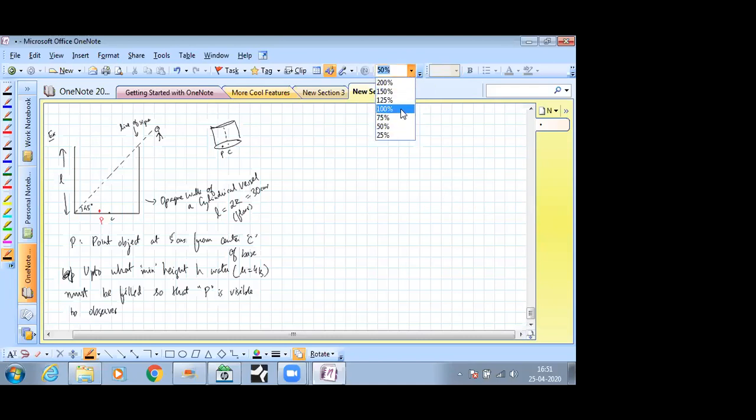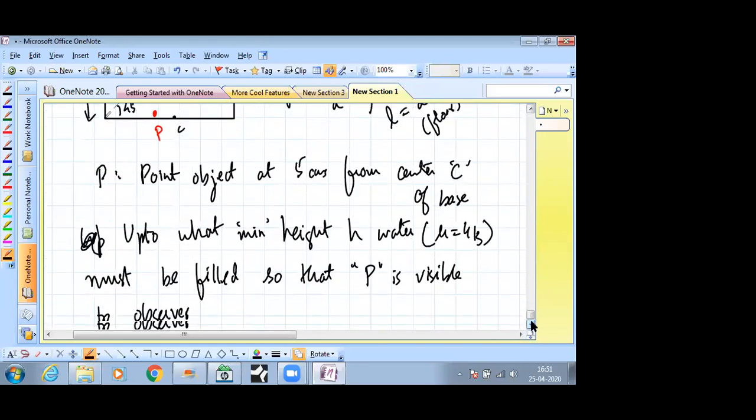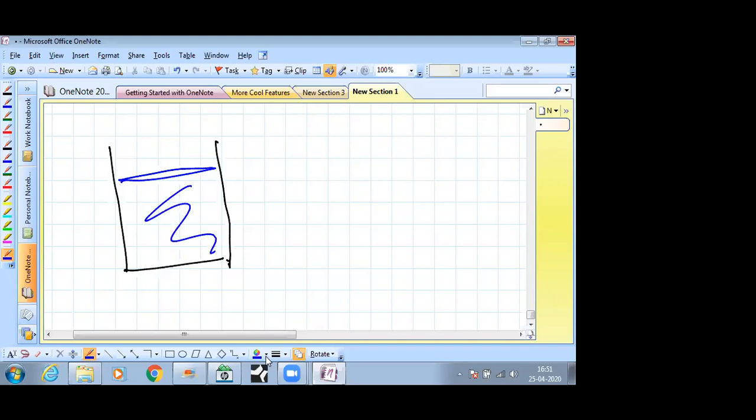Okay. So the hint to you in this question and other questions like this is that if you have a container which is filled with some kind of a liquid, and we have some kind of a point object at the bottom, then the rays of light coming from the point object bend away from the normal like this.